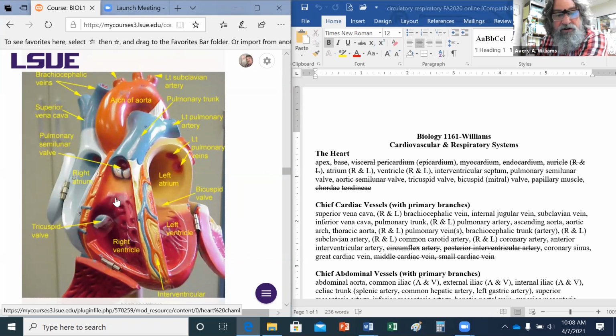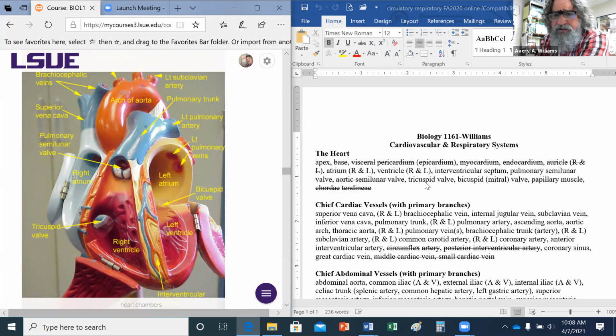The pulmonary trunk takes blood from the right ventricle. The aorta takes blood from the left ventricle. And there's a valve that opens here. And then if you could see at the base of this one, there's another one too, but you can't see it. So this little white, it's like 3 little white cusps. And this one's kind of missing right there for some reason. But this is the pulmonary semilunar valve. And there would be an aortic semilunar valve on that side. We just can't see it. But that's what that is.